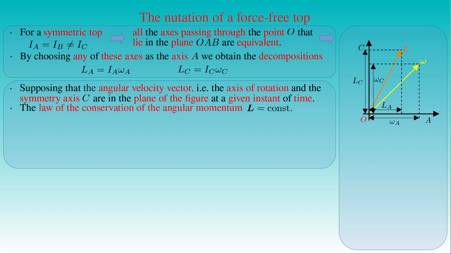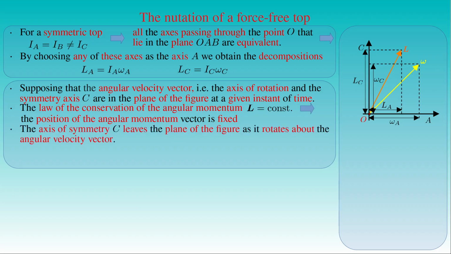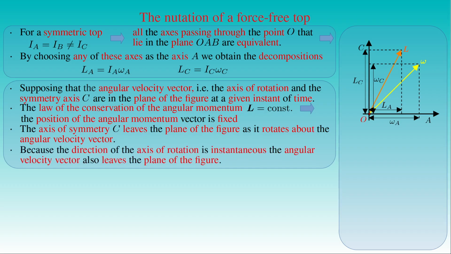Due to the law of conservation of angular momentum for a force-free symmetric top, its angular momentum L is a constant vector, that is, its position is fixed in the plane of the figure. At the same time, the axis of symmetry C leaves the plane of the figure as it rotates about the angular momentum vector L. Because the direction of the axis of rotation of the force-free symmetric top is instantaneous, the angular velocity vector omega also leaves the plane of the figure.